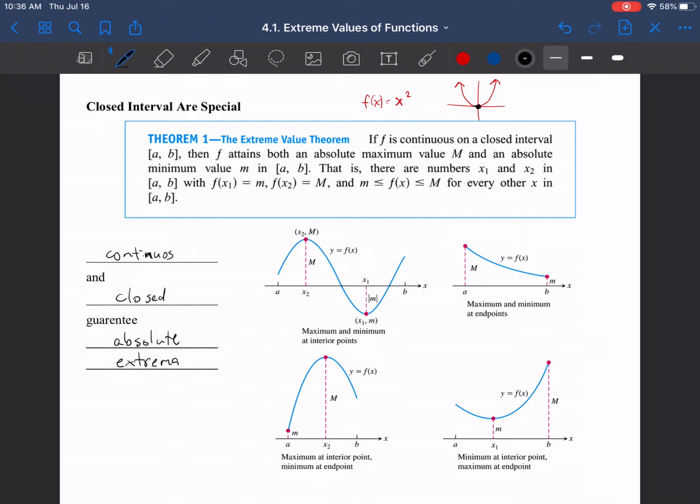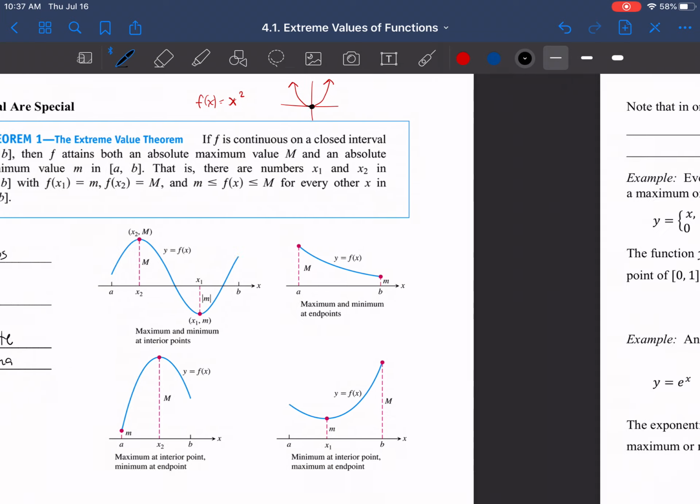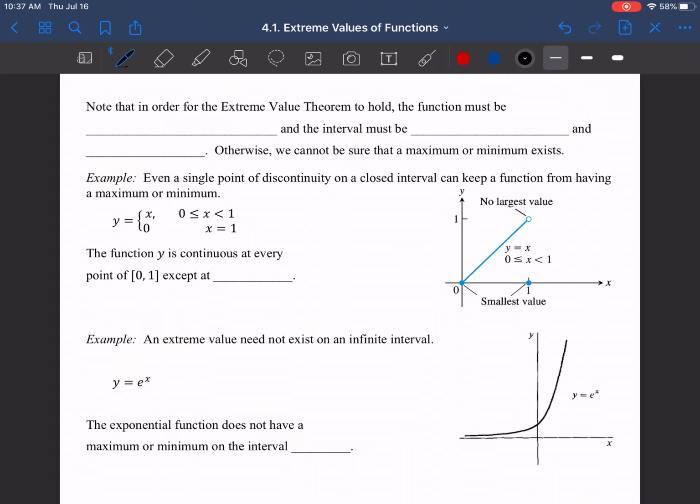Okay, so as long as it's continuous and closed, we are guaranteed that we are going to get those absolute values. This is just restating what we just said. You know, it's got to be continuous, it's got to be closed, and it's got to be smooth and everything. So as long as that's true, then we're going to have that.